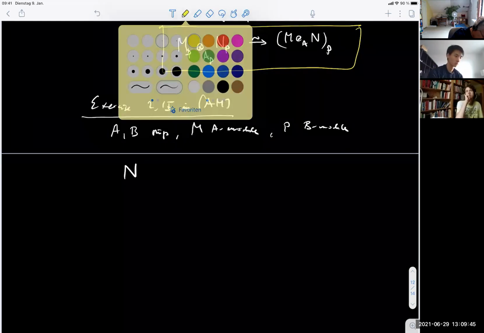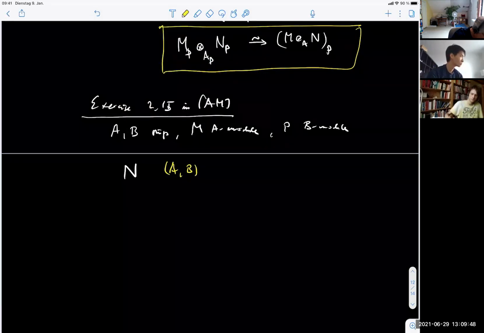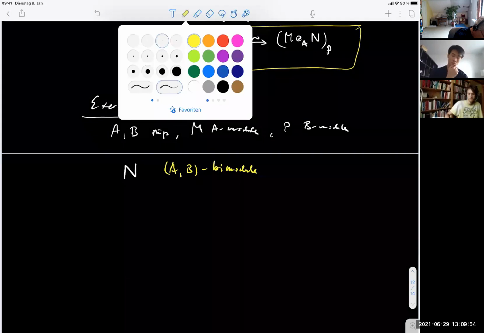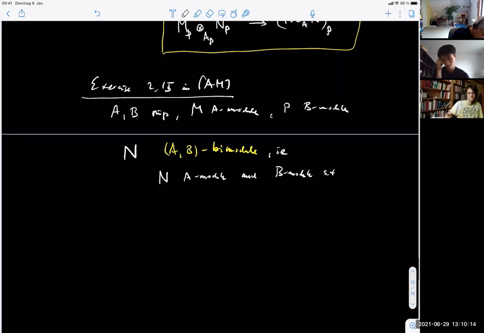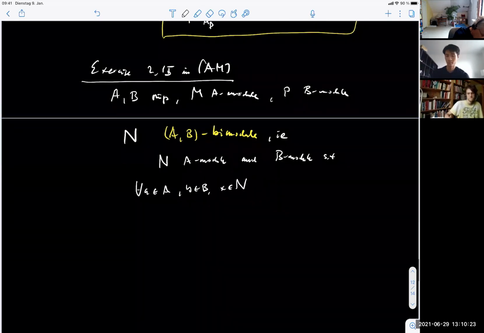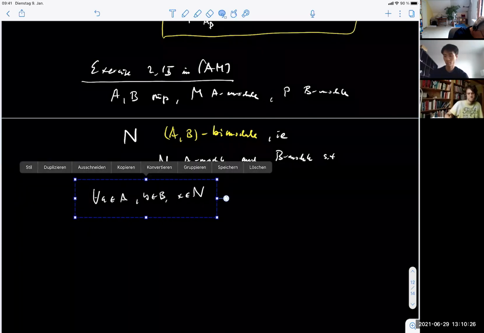So this means N is an A-module and N is a B-module, and the two operations are compatible in the sense that for all a in A, b in B, x in N, the actions commute.